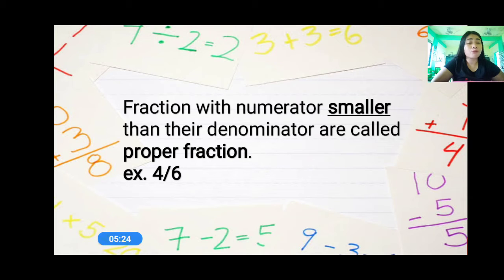Example, 4/6. What is the number above here, or what is the numerator here? 4. What is the denominator here? 6. So 4/6 is an example of proper fraction because 4, the numerator, is smaller than the denominator, which is 6. Do you understand?